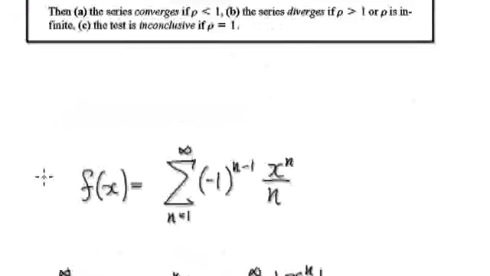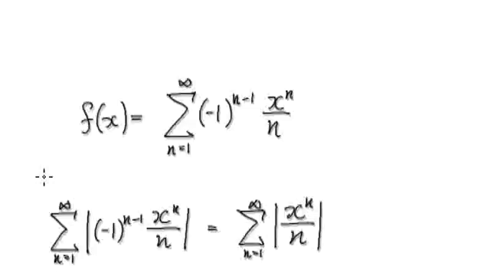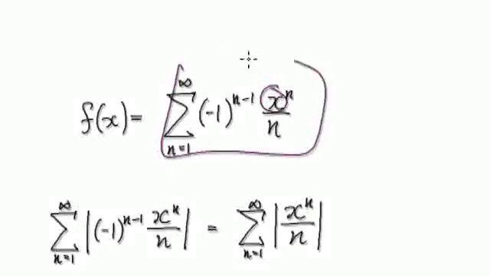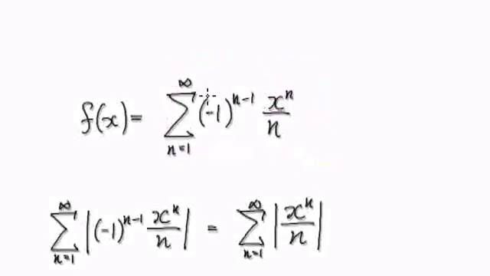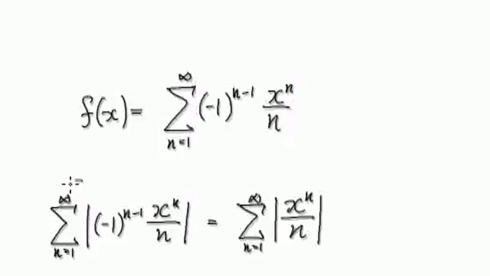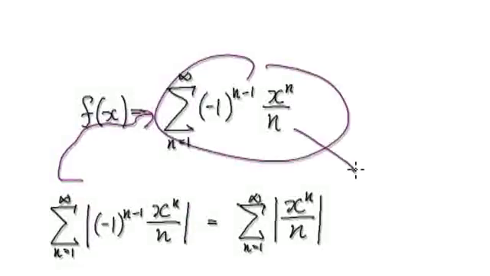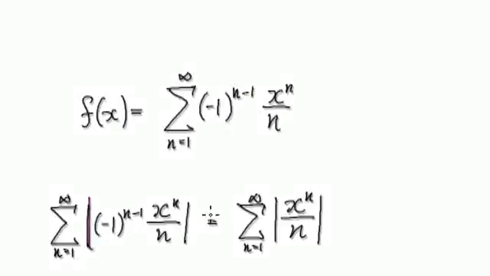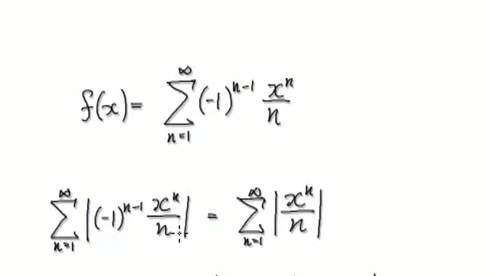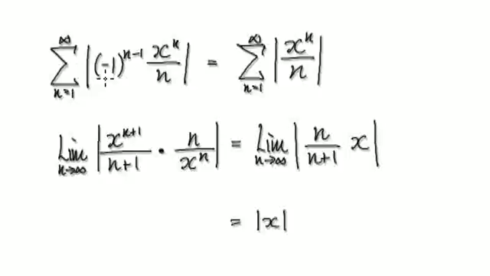So to find the values of x for which this series will converge, we would need to look at the absolute version. If the absolute version converges, then the original series will also converge. When you look at this thing here, it's just going to be -1, 1, -1, 1, and so on.